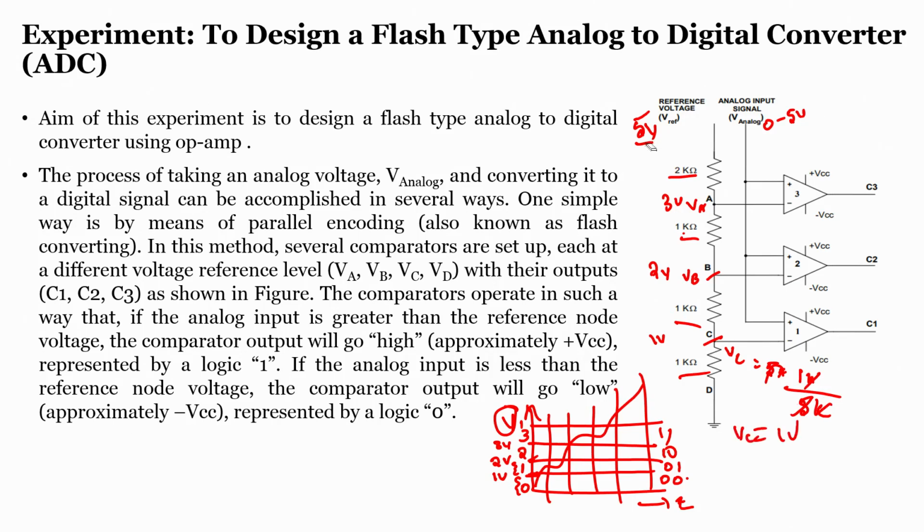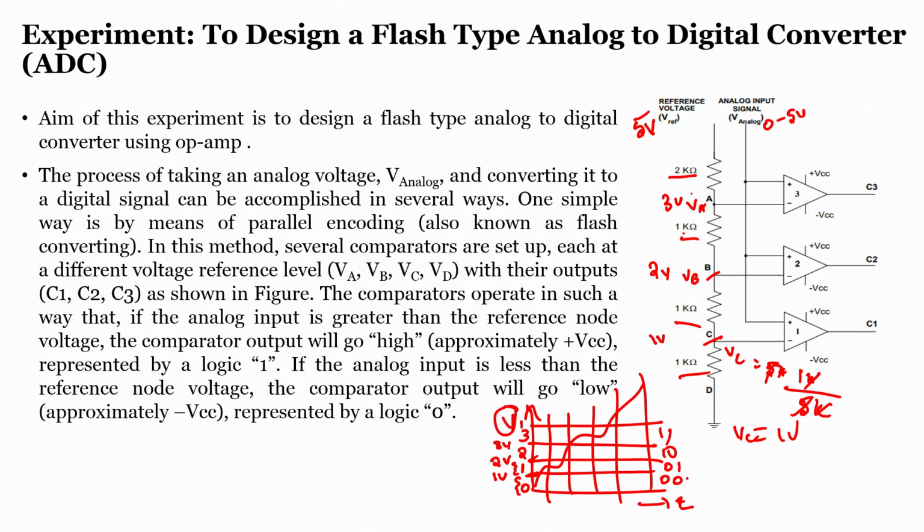So if you apply the reference of 5 volts, the VC voltage will be 1 volt. What about VB? 5 into 2 by 5, it is nothing but 2 volts, and here it will be 3 volts, 5 into 3 resistances divided by 5. So it is 3 volts.